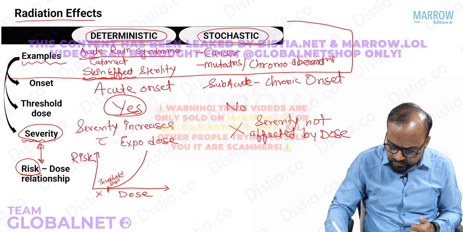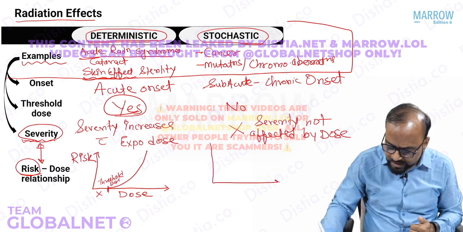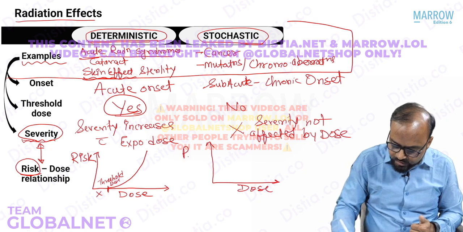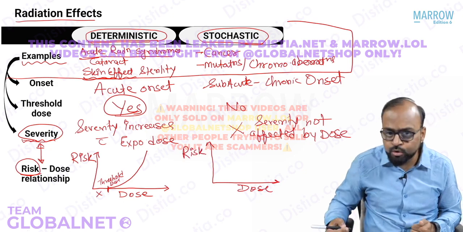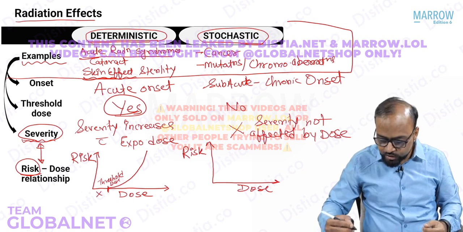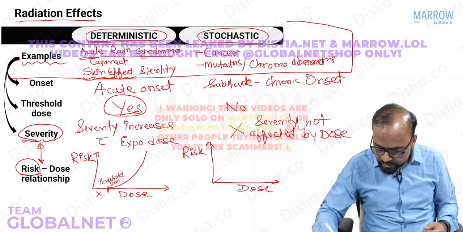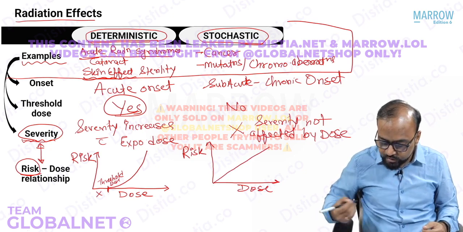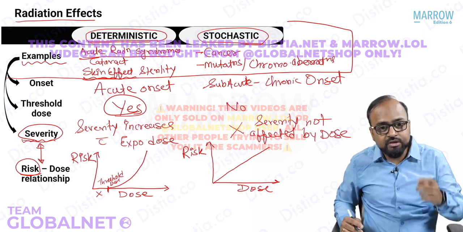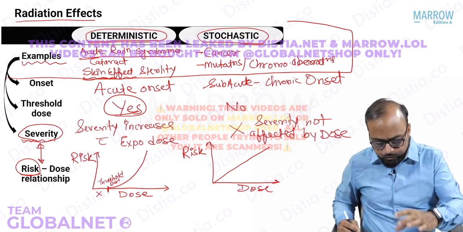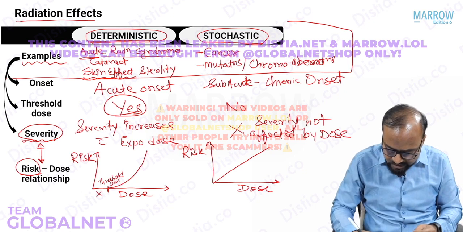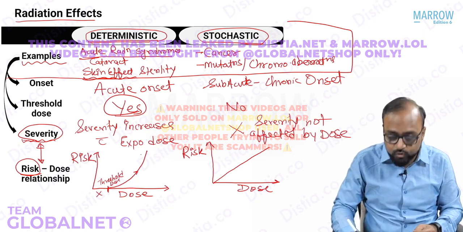What about stochastic effects? For stochastic effects, if this is dose and this is risk, is there any threshold dose? There is no threshold dose, right? So the graph will begin at 0 and it is a straight line and not a curve. So the risk-dose relationship for deterministic effects begins at the threshold dose and it is a curve going ahead.